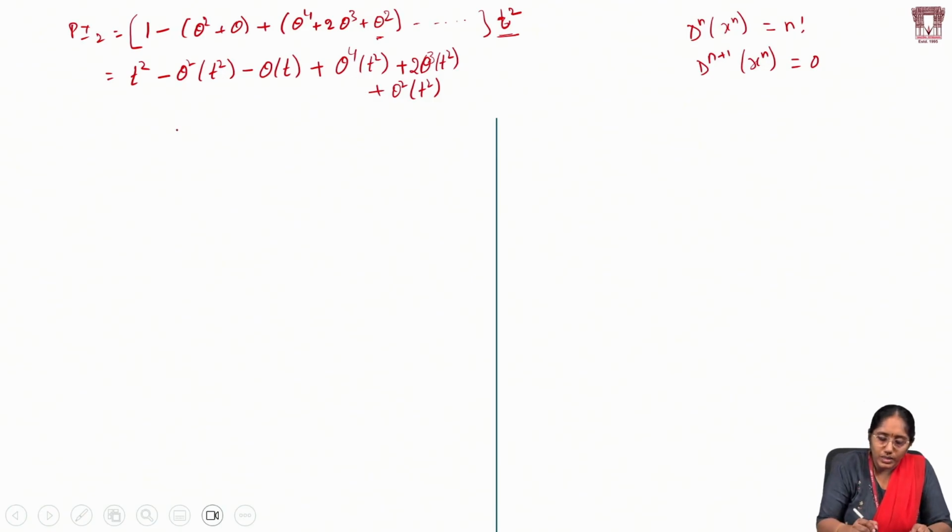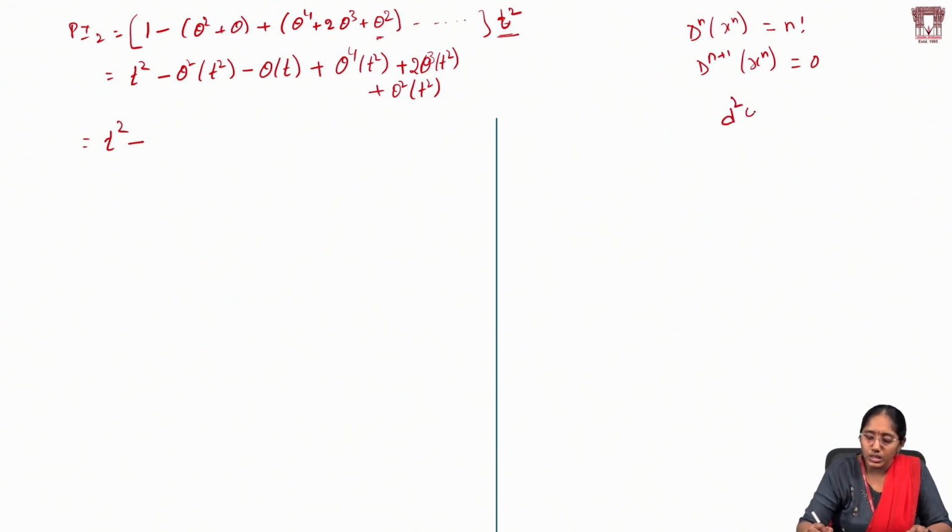Okay, now we will simplify. We will get t square minus theta square, that means the second derivative, d square y by dt square. Theta square is nothing but d square by dt square of t square.